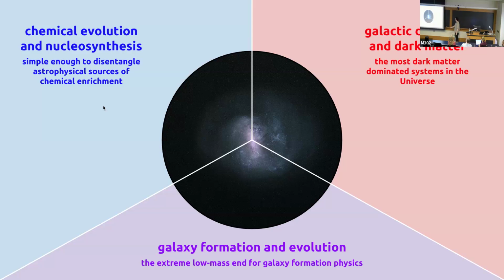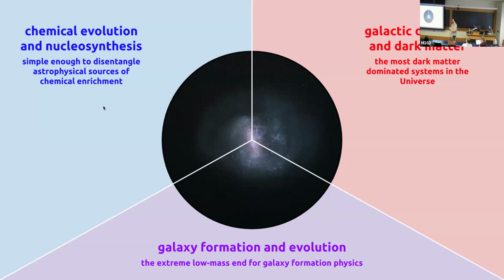Another thing that we can do with these dwarf galaxies is that we are really probing the extreme low mass end of galaxy formation physics and the galaxy formation process that we know. One of the things that I mentioned during the lunch with the grad students was that one of the main topics being pushed forward right now in the community, in astronomy in general, is just understanding galaxy formation, right?